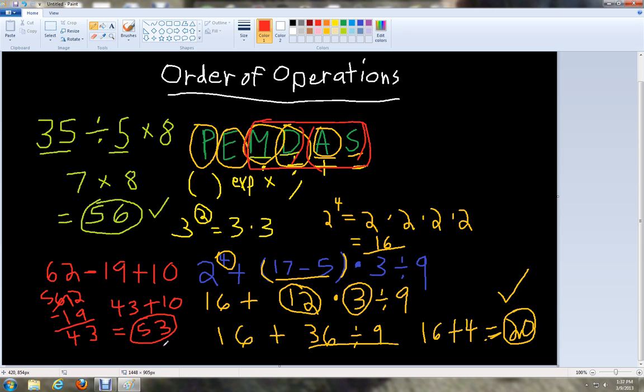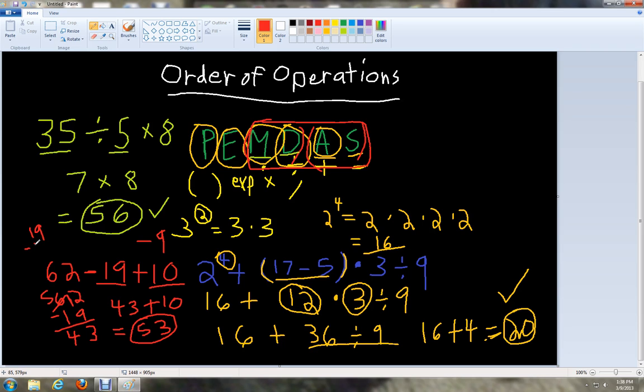So we could, on the other hand, add negative 19 plus 10, add those together, and we get negative 9. So when you're adding or subtracting numbers with opposite signs, you've got to subtract and take the sign of the larger number.